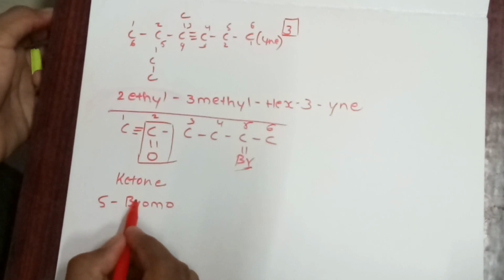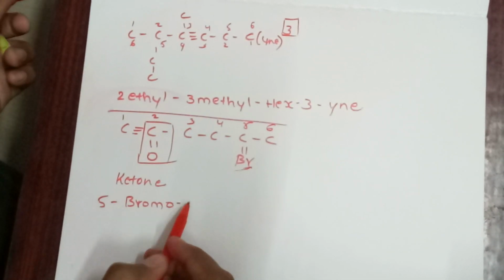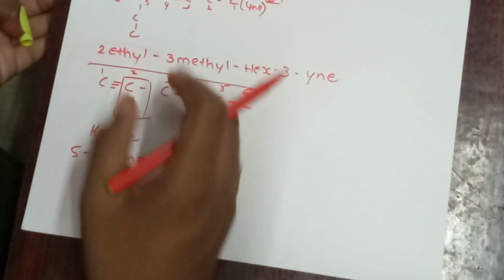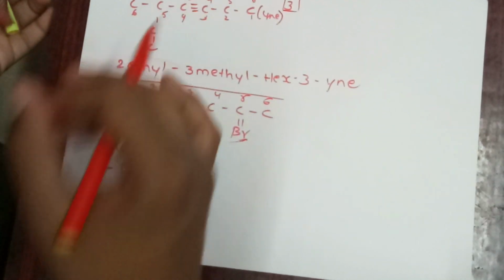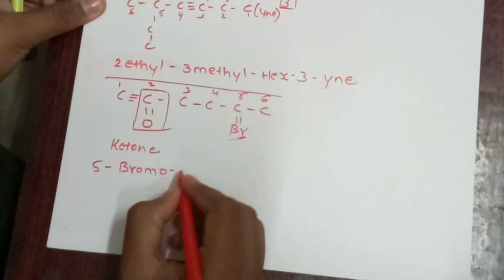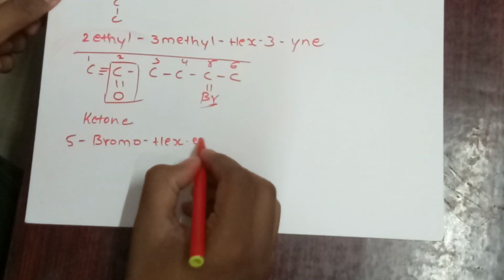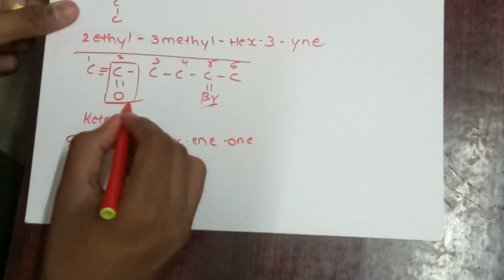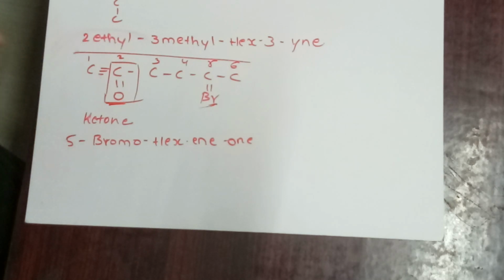For bromine the prefix word is bromo, and then you have to write the number of carbon atoms, because you don't have any carbon branch for this. It is hex and double bond, so ene and on, because suffix. Ketone will always come in the middle, so no need to write this one.